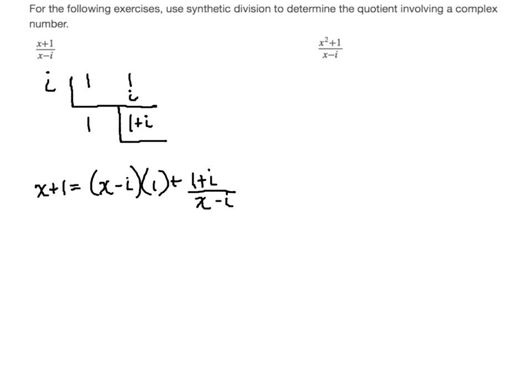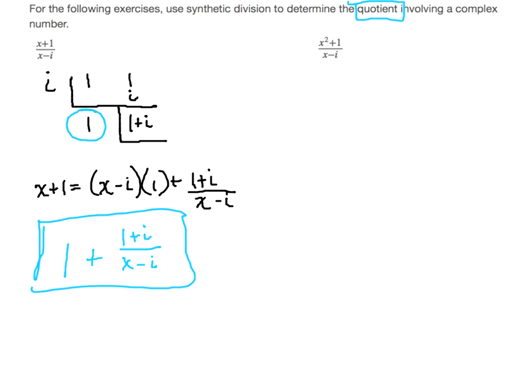The question was just to give the quotient, not the entire factored form. So my quotient ends up being 1 plus my remainder over my divisor. So there's your quotient. All right, let's look at this next one.